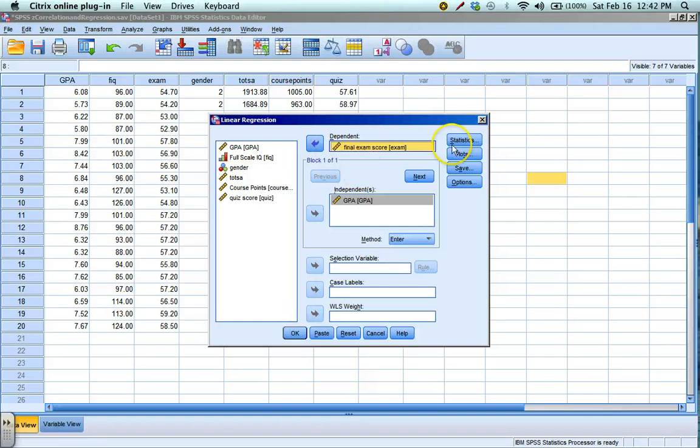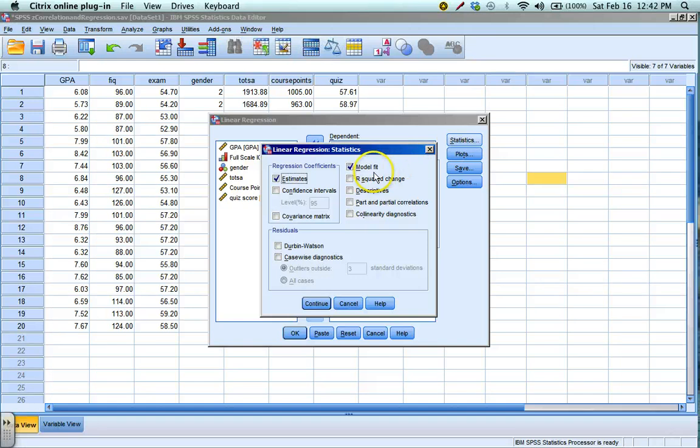Okay, and let me see what else we have here. I'm going to click on Statistics. You can do the model fit. I want some descriptives there. We don't need the rest of that. Let's continue.